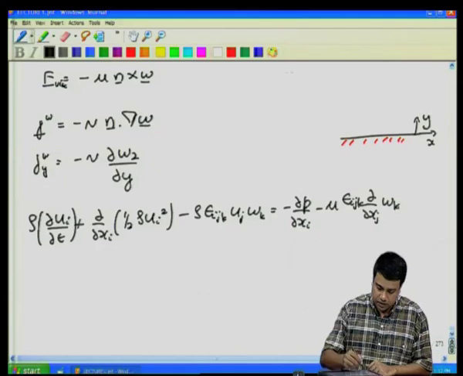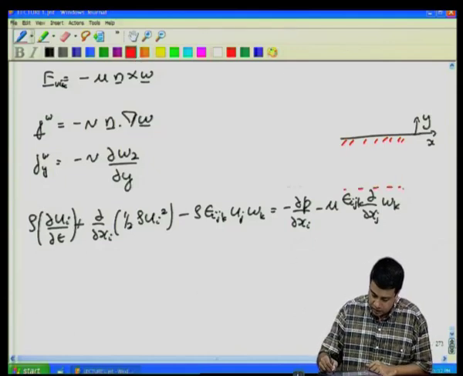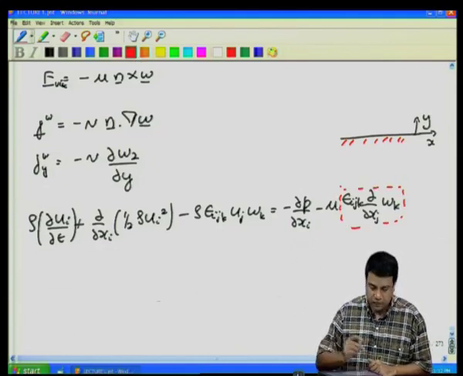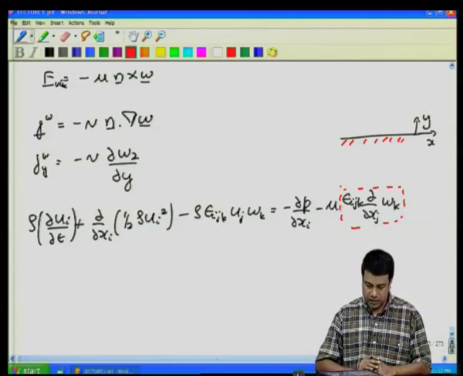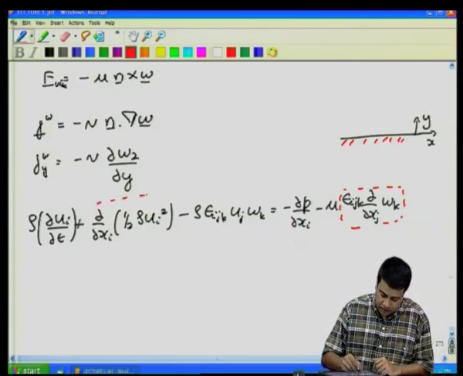You recall we had written the Laplacian of the velocity vector in terms of the vorticity here. And similarly, we had simplified these convective terms in terms of the vorticity.